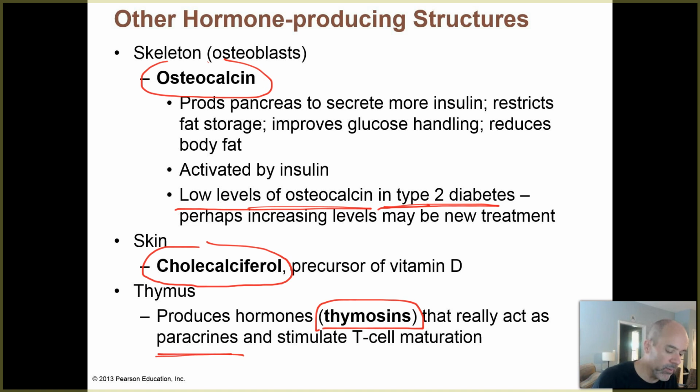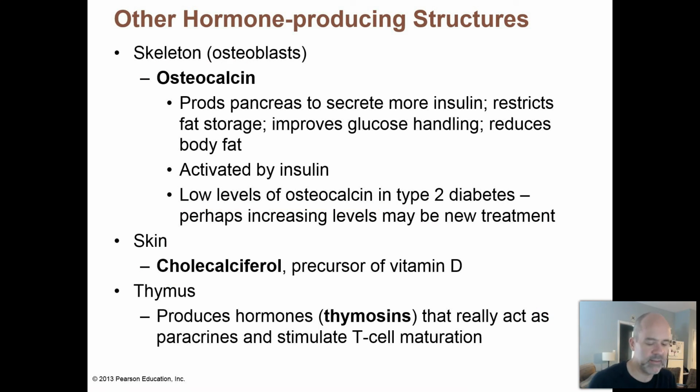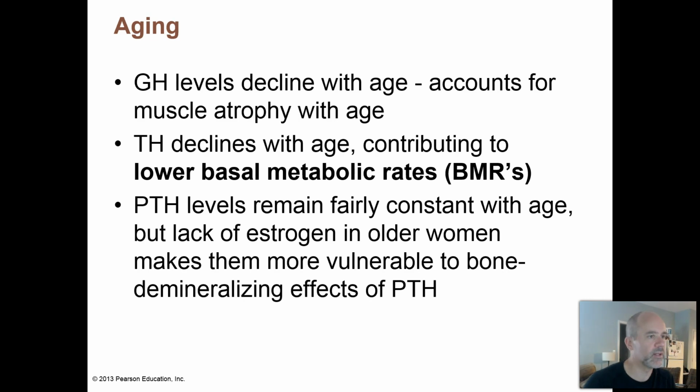And if you remember, when you have cells that are near each other and one is secreting substances that act on nearby cells, those are called paracrine substances more so than hormones. They're involved in your T cells. Those are a type of white blood cell that are important for your immune system. Those thymosins stimulate those T cells to become mature. We'll hear a little bit more about that when we get to the immune system, and you'll hear a whole lot more about T cells when you take your microbiology class.